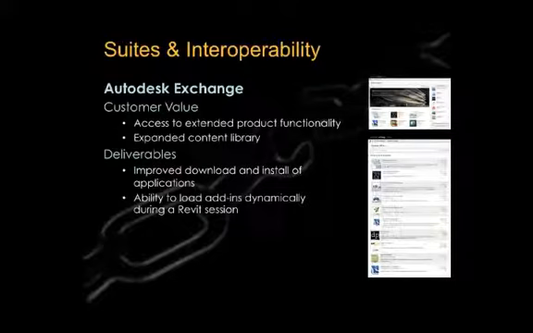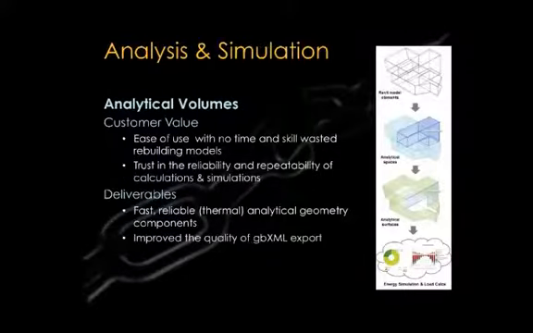And in Revit 2014, we now have the possibility to load an add-in dynamically in mid-session without the need to restart Revit. A new algorithm for determining the analytical spaces, volumes and surfaces from the underlying Revit model elements improves the quality of the GBXML export.